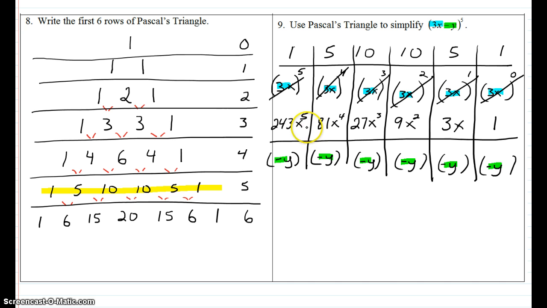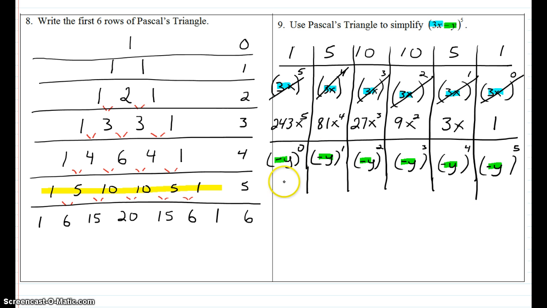Alright, now we do our exponents. It goes in the reverse order. So 0, 1, 2, 3, 4, 5. And now start simplifying on the left side first.